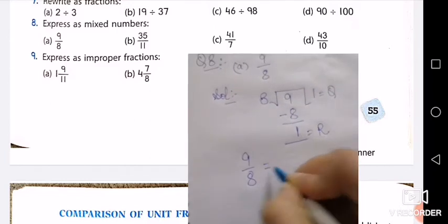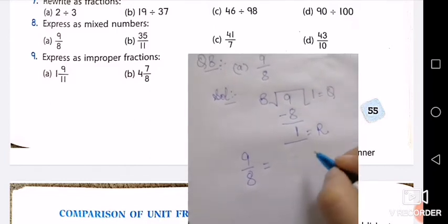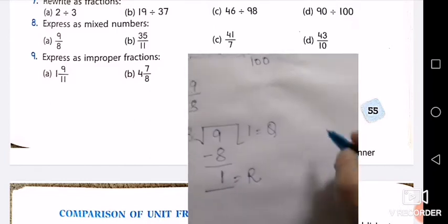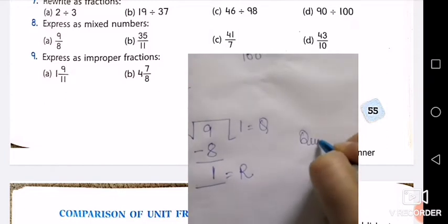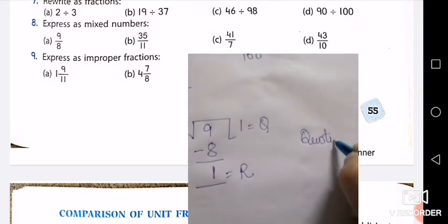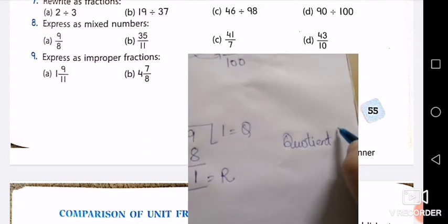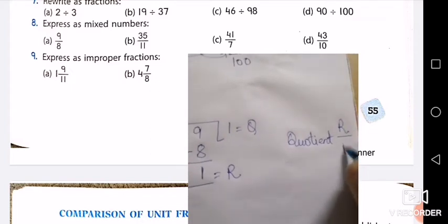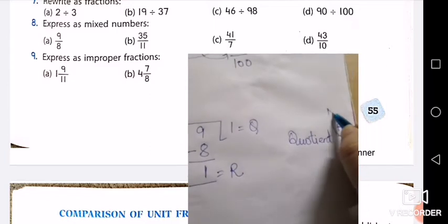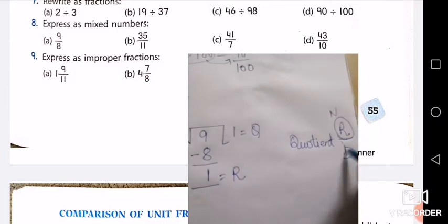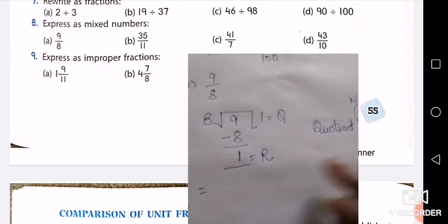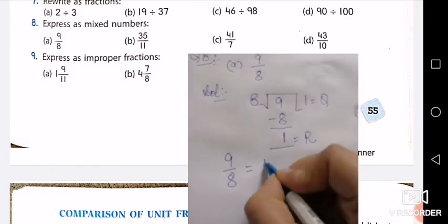To write an improper fraction as a mixed numeral, you have to remember this rule. What is the rule here? Quotient will be your whole number and remainder upon divisor. Now remainder will become the numerator of the proper fraction. Now here, what is the quotient? 1.